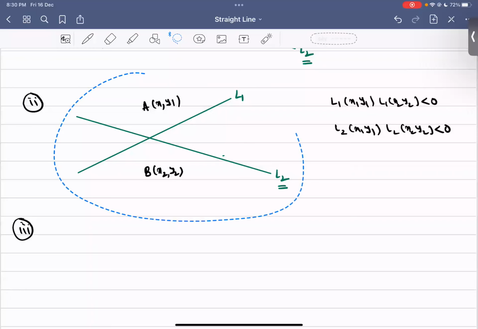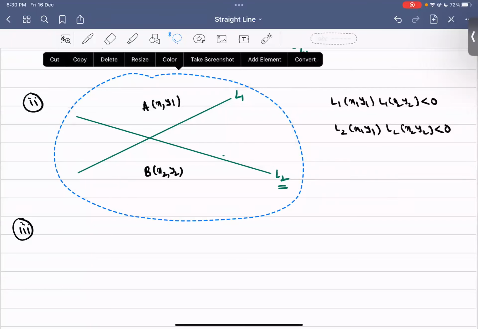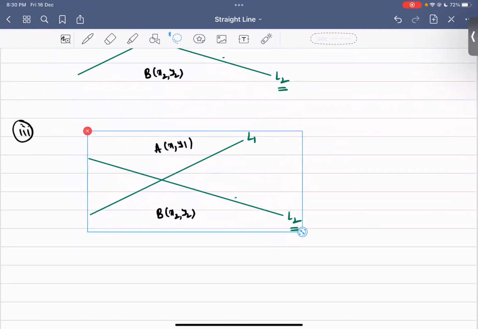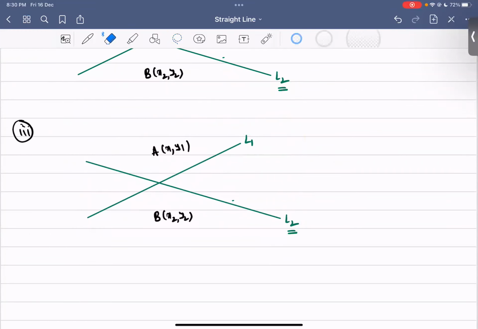So here the situation will be like this. Adjacent angles means suppose A is somewhere over here, and B is in this region, like this.